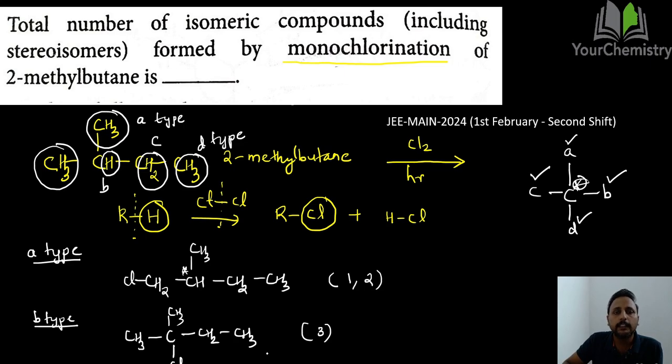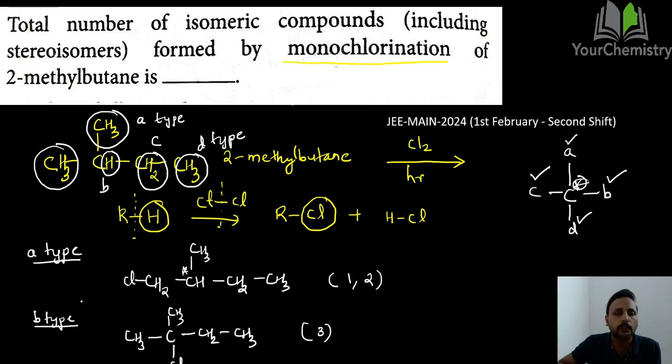So let's see the C type. When we replace the C type, how many can we get? I'm drawing that on the next page. So replacing the hydrogen of C type, see carefully, CH3, CH3, H, now you see CH, Cl, CH3, right. So I replaced one of the hydrogens of the C type, so I got this compound.